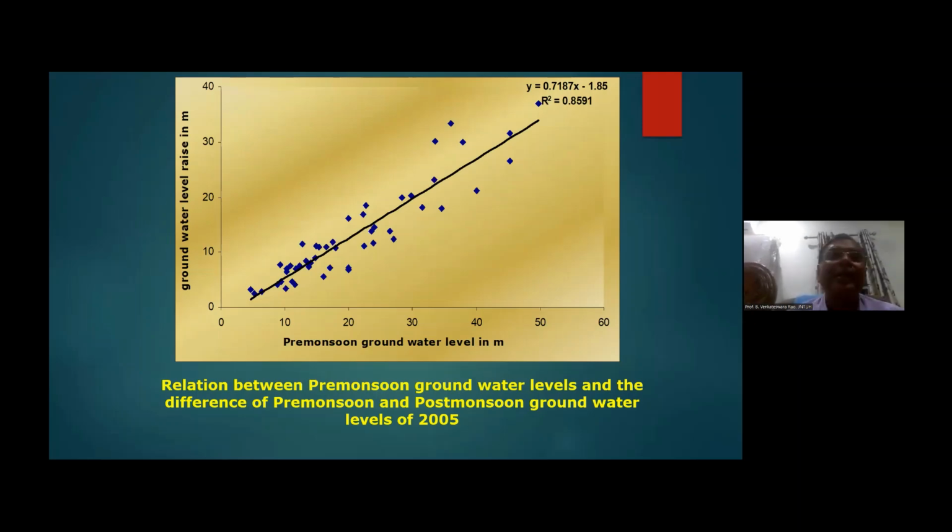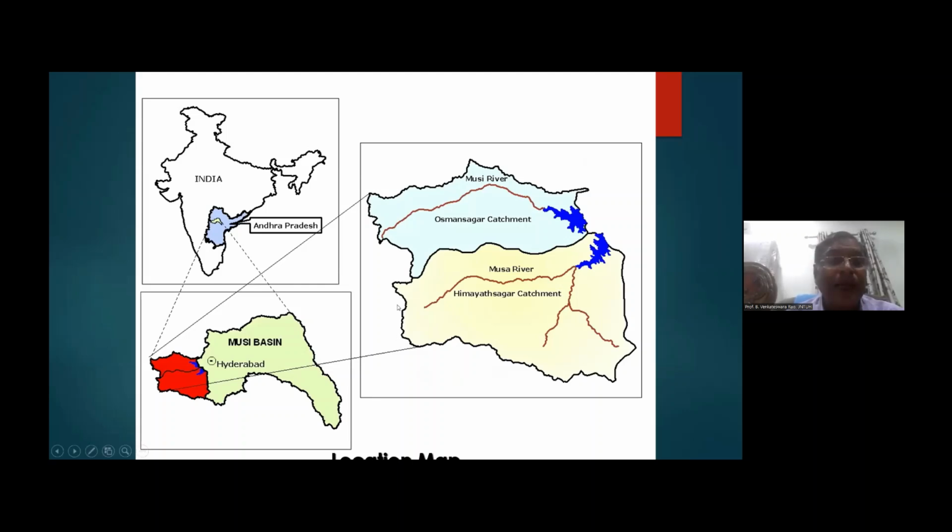Why is this kind of scenario present in the catchments? These catchments are very near the city of Hyderabad. Hyderabad city is just downstream of these two catchments, so a lot of agricultural produce like fruits and vegetables is grown there. They are pumping huge amounts of groundwater, large-scale pumping is occurring here, and they are lowering the groundwater table. Whatever rainfall occurs in these catchments simply gets recharged. That is the meaning of this graph.